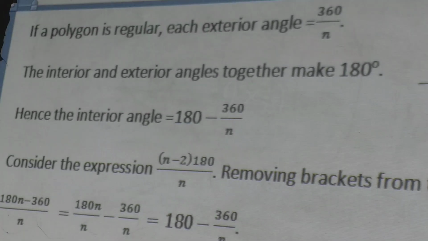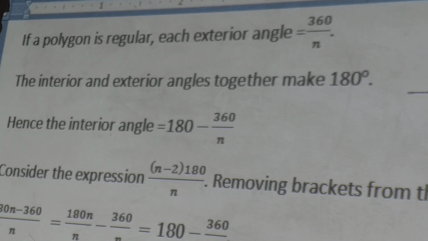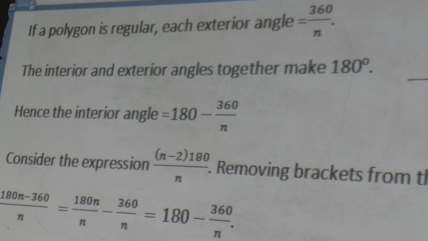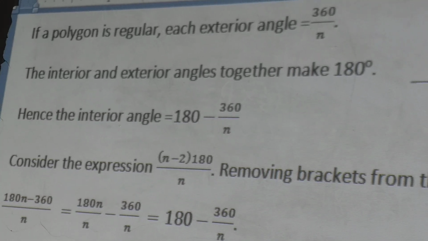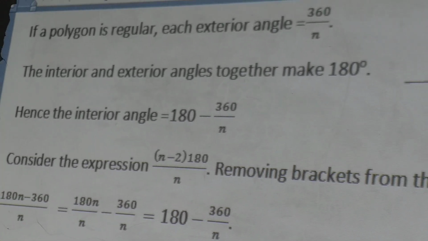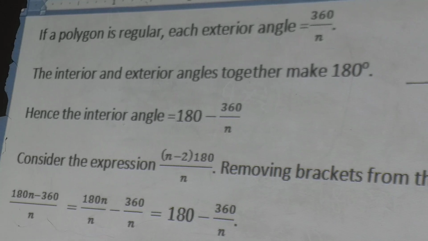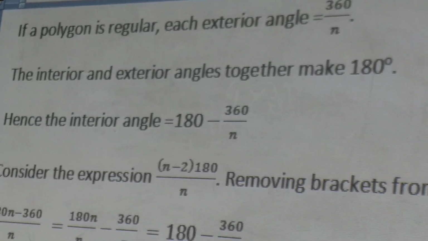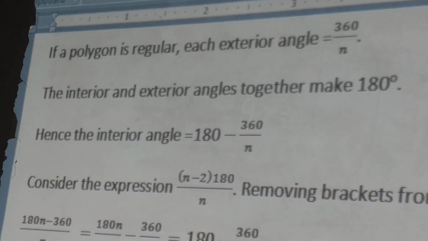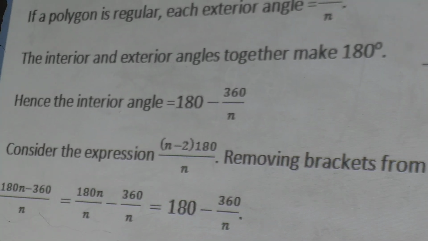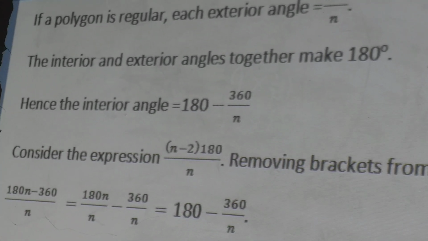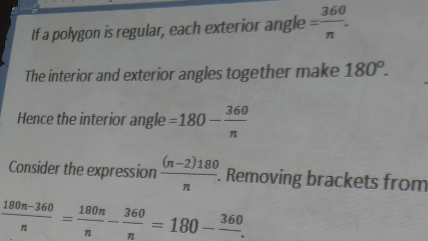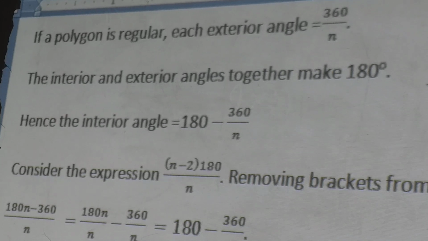They give a straight line angle. Hence, we can calculate the interior angle by subtracting the exterior from 180. So we say interior angle is equal to 180 minus exterior, and the exterior is 360 over n. So it is equal to 180 minus 360 over n.